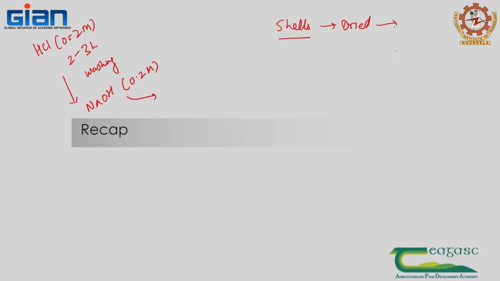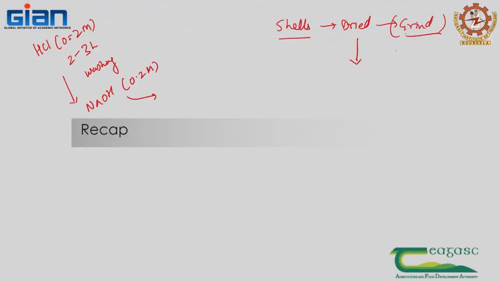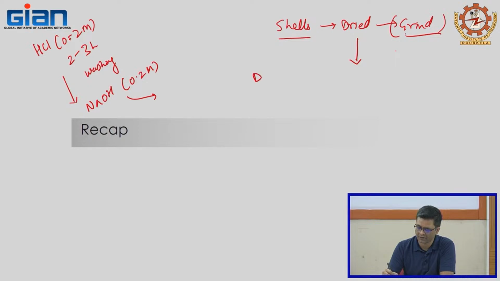One option is you grind it. Since the shells are hard, grinding takes too much energy, and you need a specialized type of blades to grind it. Sometimes cement or concrete crushers are used to grind those types of shells. So these dried shells, as your colleague mentioned, you first do demineralization followed by deproteinization.